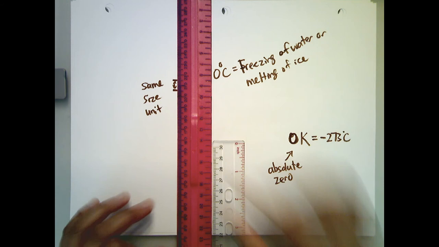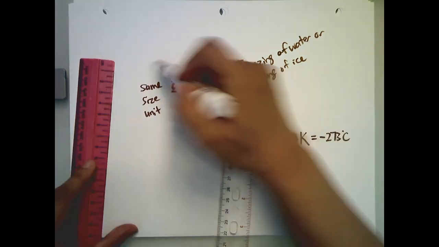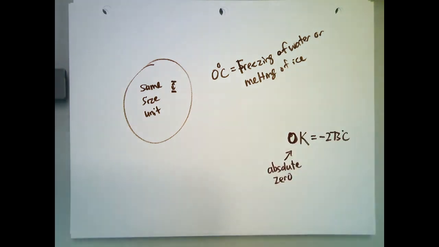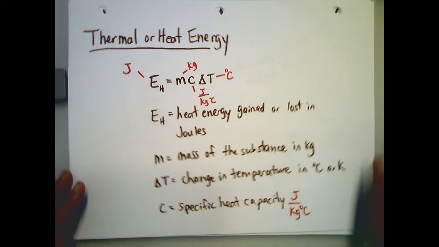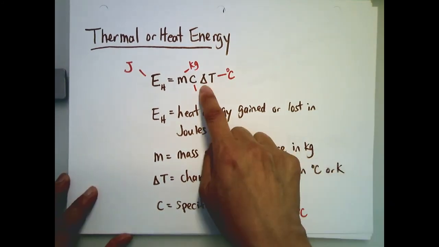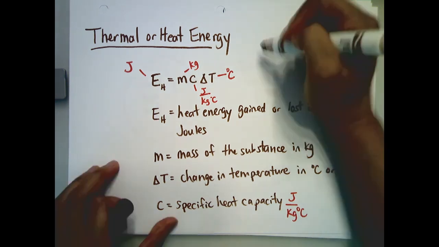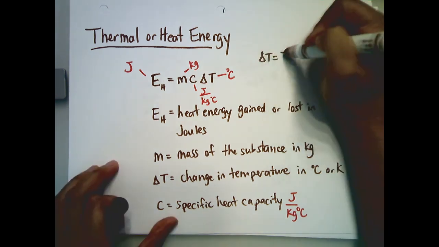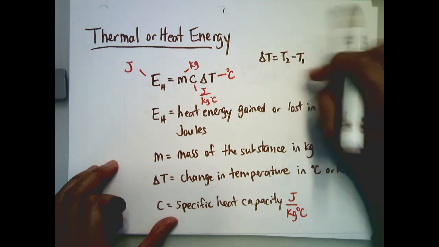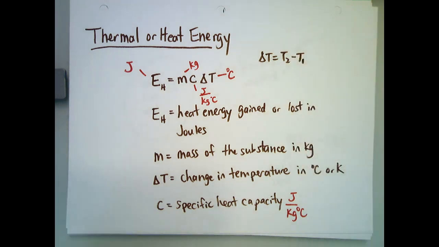Now, because they're the same size, you can actually interchange them. So we don't have to really worry about the units. The only time you actually have to worry about the units is for mixing and matching. Remember, this is change in temperature, and change in temperature is technically T2 minus T1. Both of these temperatures must be the same unit.